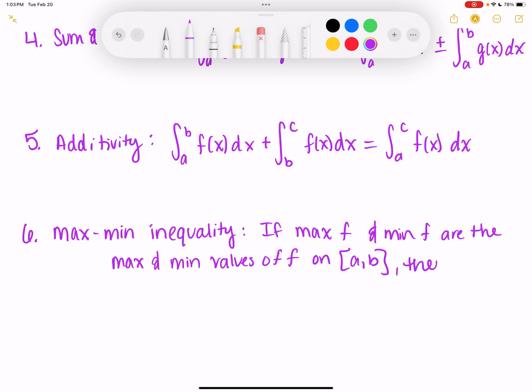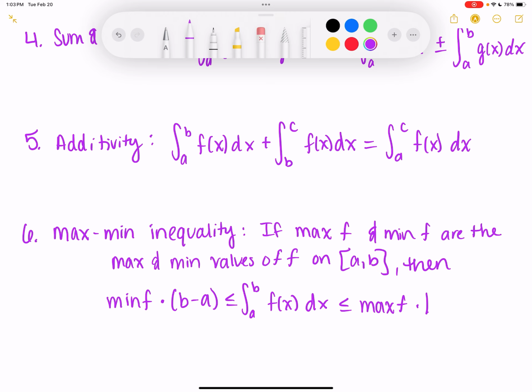then the min of f times b minus a is less than or equal to the integral from a to b of f of x dx is less than or equal to the max of f times b minus a.